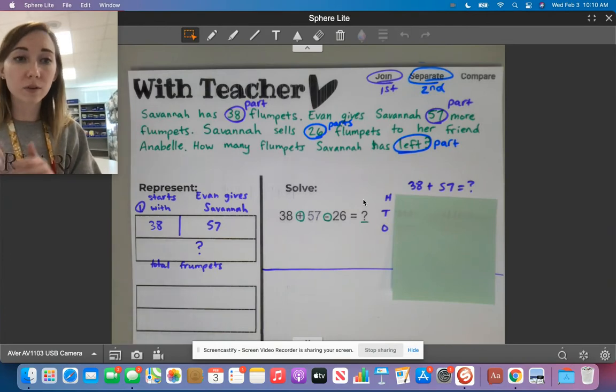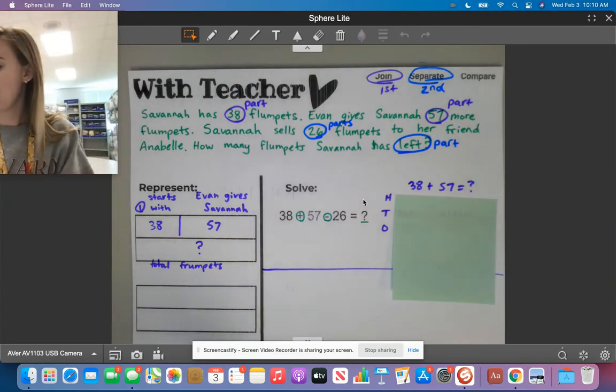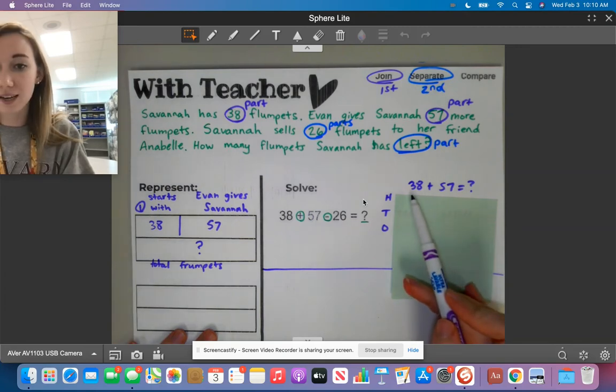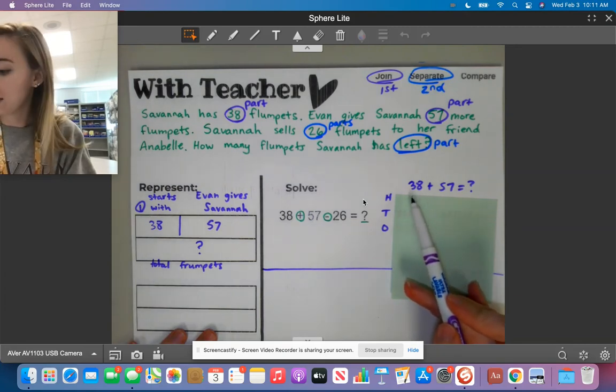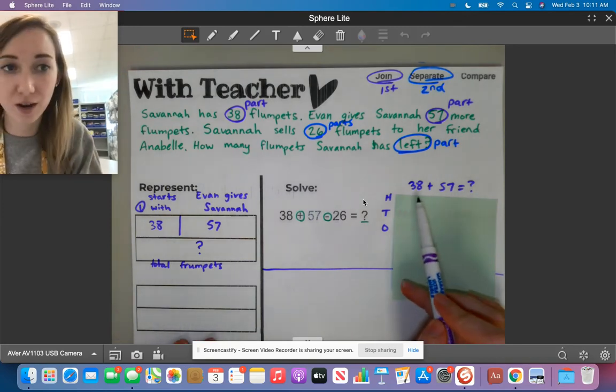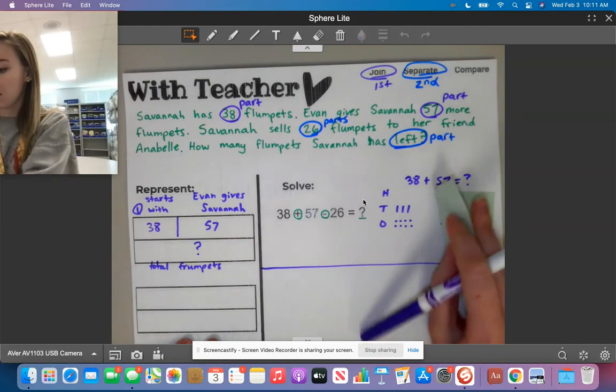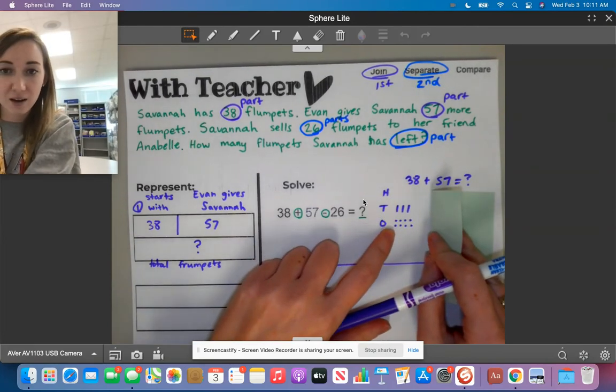All right, so hopefully we paused it and started representing it on our own, and you guys can check your work with me. There should be how many tens at first? There should be 3 tens at first. And how many ones should we have there next to it or underneath it? We should have 3 tens and 8 ones, right?